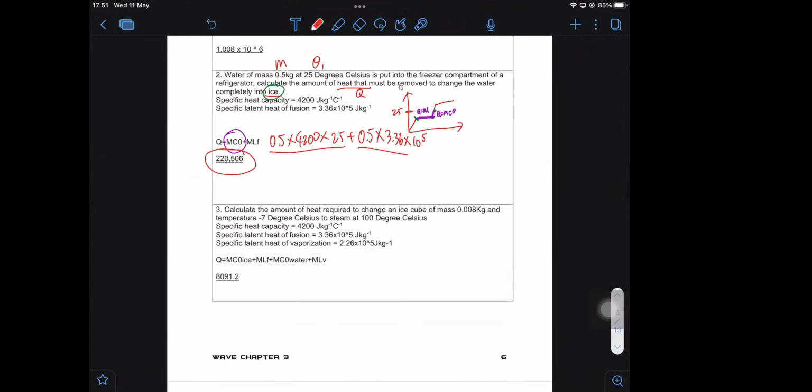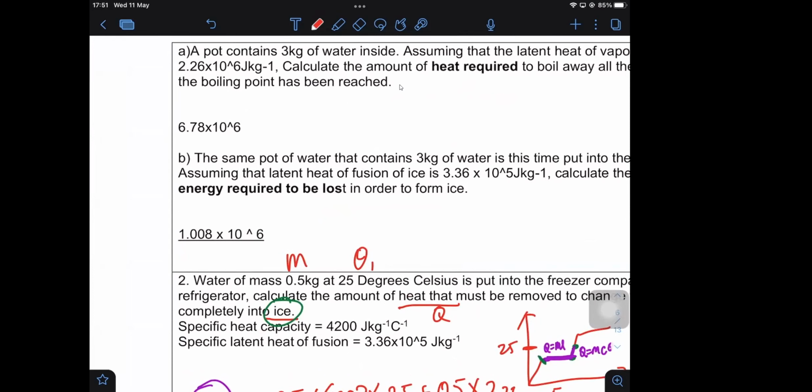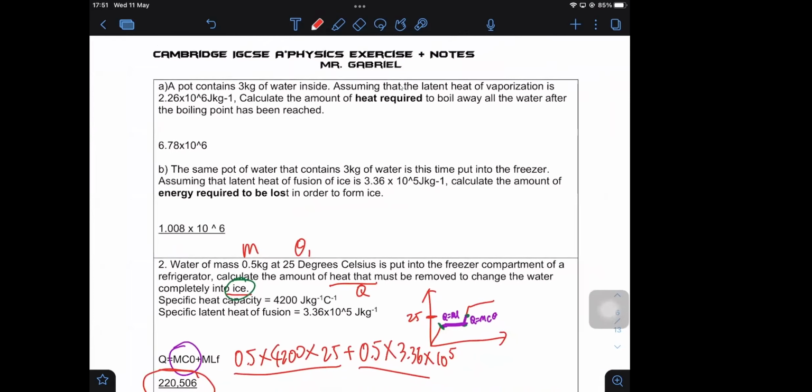Okay, if that's the case, can everyone check answers? We'll only be discussing the questions that you cannot do. The first question should be 6.78 times 10 to the power of 6. The second one should be 1.01 times 10 to the power of 6. Always remember that you can only write it in 3 significant figures.